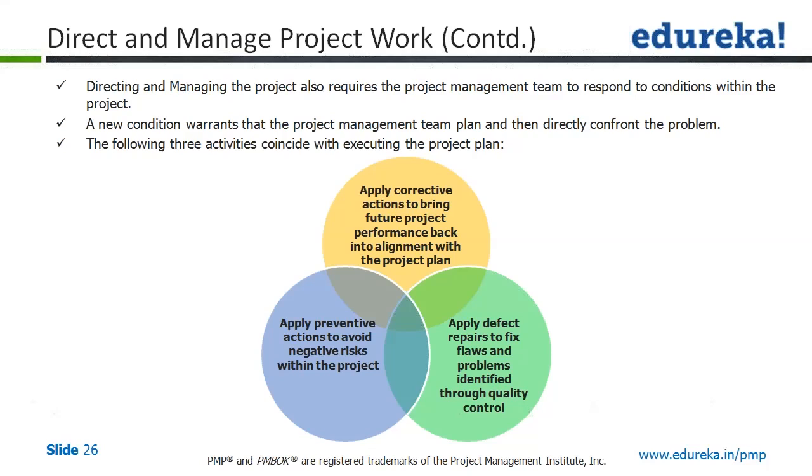A new condition or a new situation warrants the project management team to plan clearly and then confront the problem. And this is where some of the previous lines were saying that you would prefer to take various risk response strategies as a part of this.